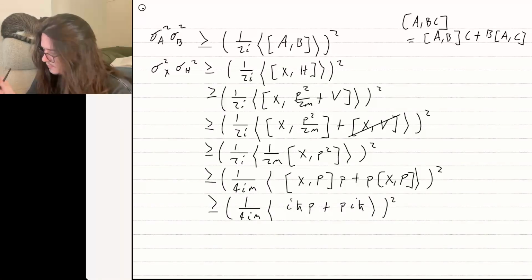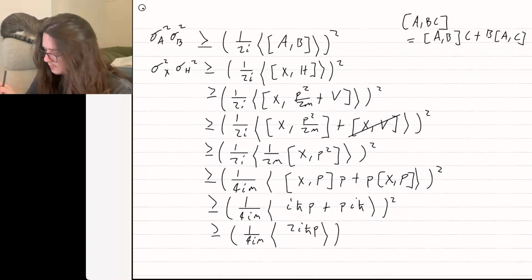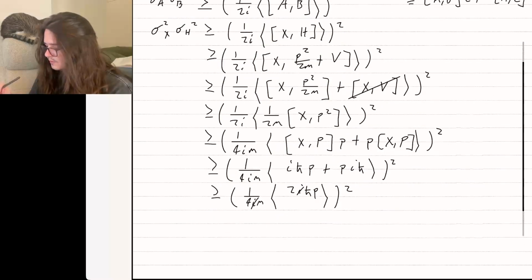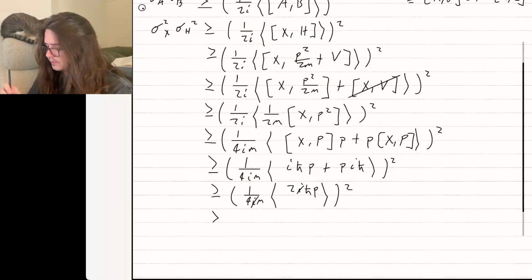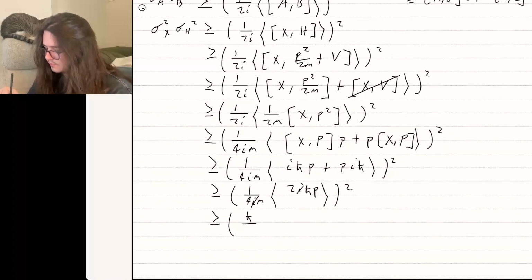Those two will add up and create the expectation value of 2 i h bar p. So we get some cancellation. The i cancels out this i. A factor of 2 is canceled out. We could move the h bar out of the expectation value since it's just a number, so it's just h bar over 2m times the expectation value of p.